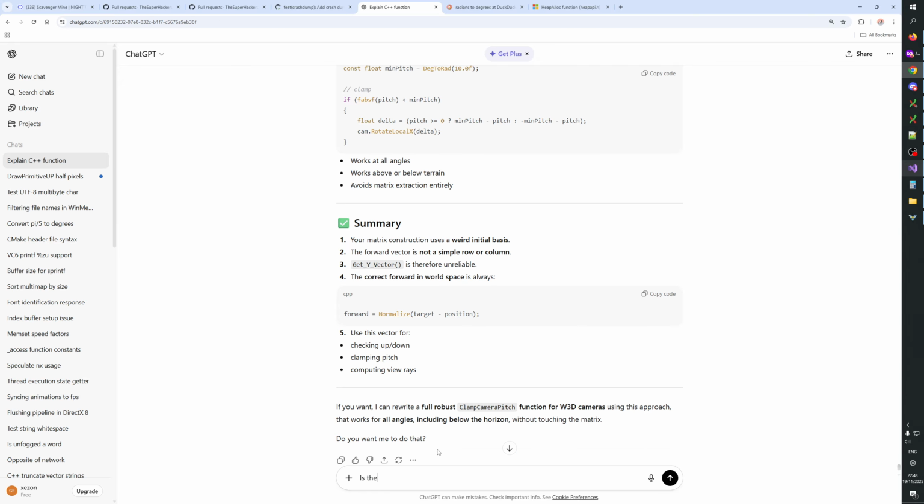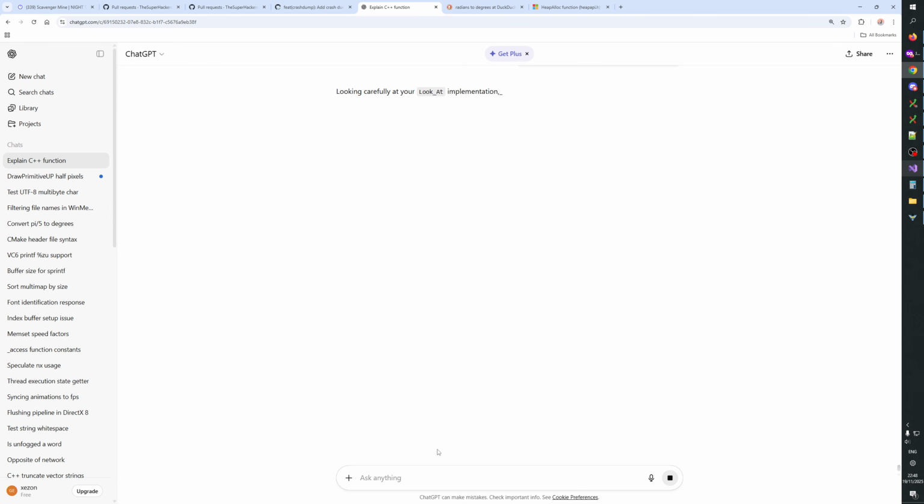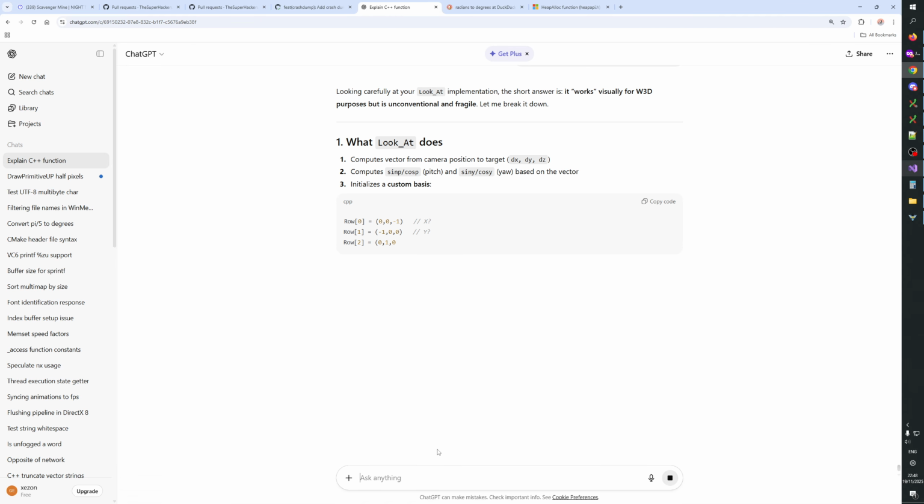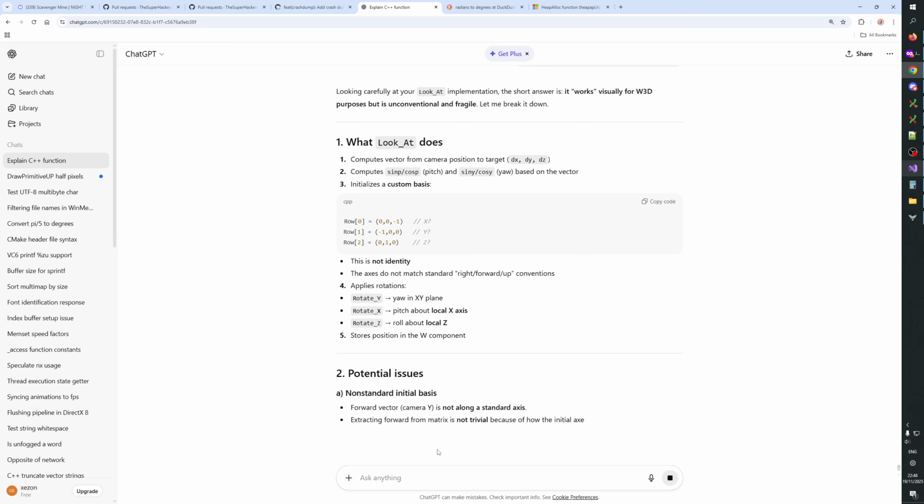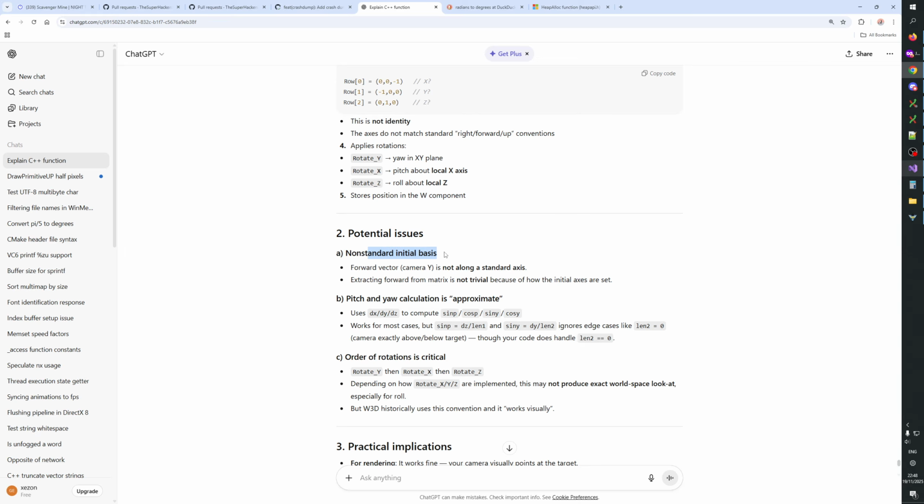Is the implementation of look at correct or not? It works visually, but it's unconventional and fragile. What look at does? This is not identity. The axes do not match. Potential issues, non-standard initial basis. Pitch in your calculation is approximate.